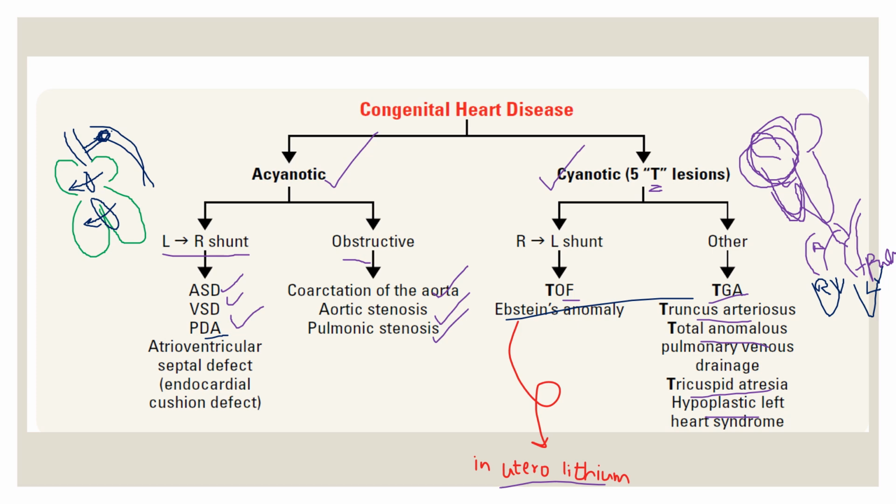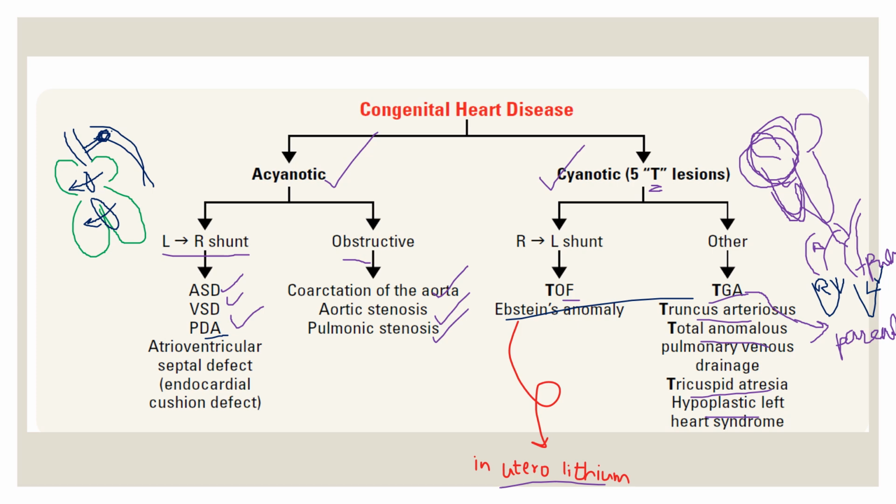So transposition of great arteries can be called a parallel circulation. That means systemic circulation and pulmonary circulation are not meeting somewhere. So in order for the child to survive, there has to be another opening which is connecting these two systems, so that there is some mixing of oxygenated and deoxygenated blood and some oxygenation happening.